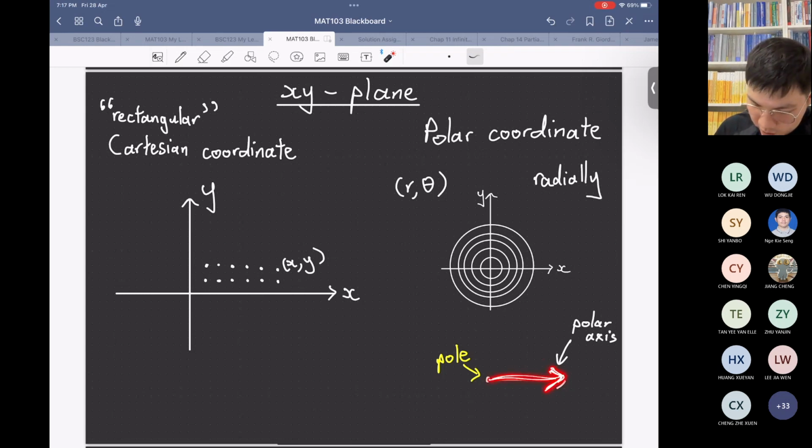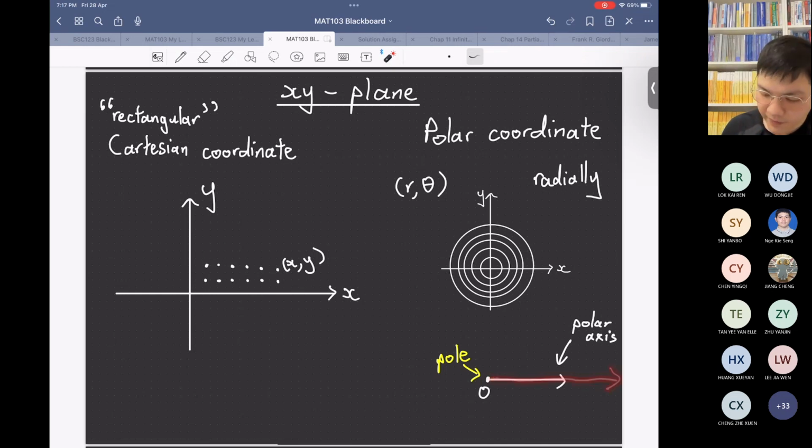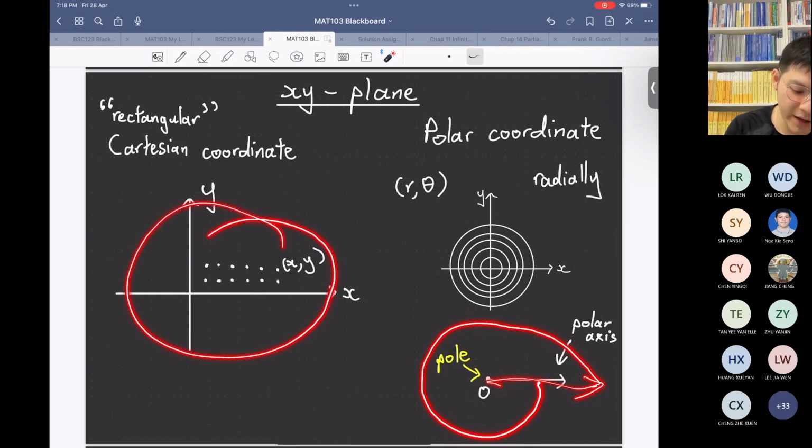So when you have this radius, the radius is always positive. Let me label this. Here is the origin. Your radius is always positive, so you can go forever positive, and then you can move your radius 2 pi around so that you can reach every point in your xy plane.